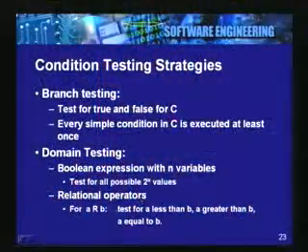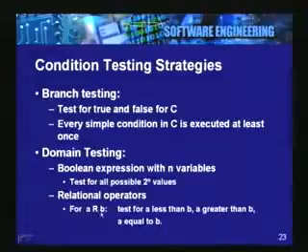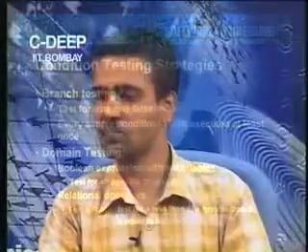And if you have relational operators, for example, A less than or equal to B and so on, test for A less than B, A greater than B, and A equal to B, so that you are able to cover the implicit paths as well.